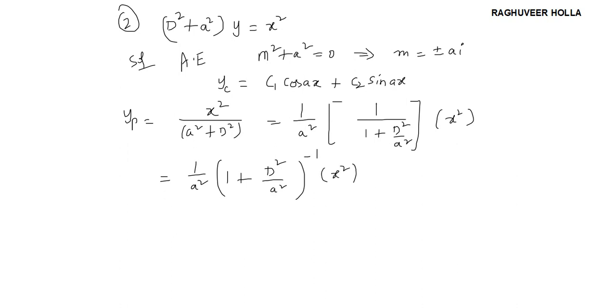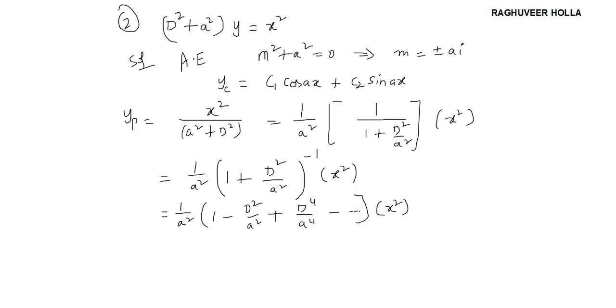Let us expand this. I get 1 by a square into 1 minus d square by a square plus d power 4 divided by a power 4, and I won't be requiring the other terms because they go to 0.